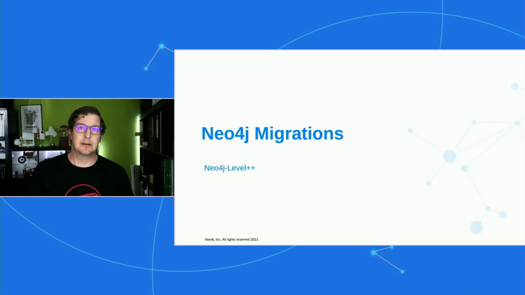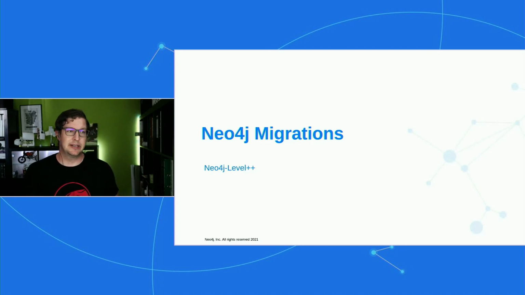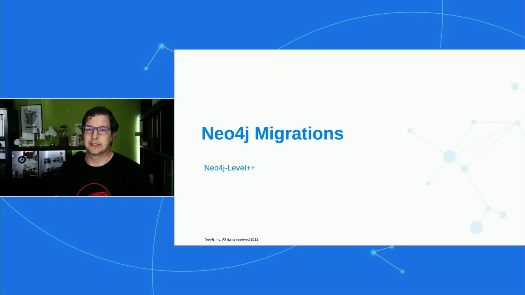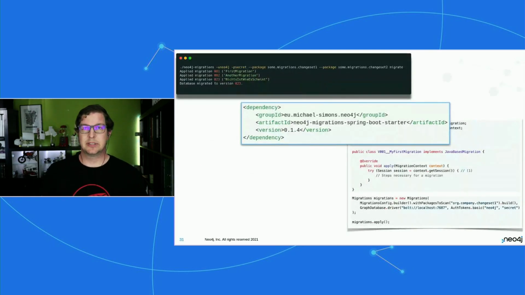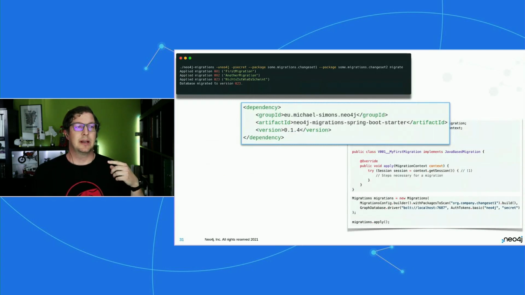My dear colleague Michael created this tiny library called Neo4j Migrations. It's a database versioning library. So you can have migration scripts executed either via a terminal as an executable, via a Spring Boot starter, or you can just manually call them from your Java side.